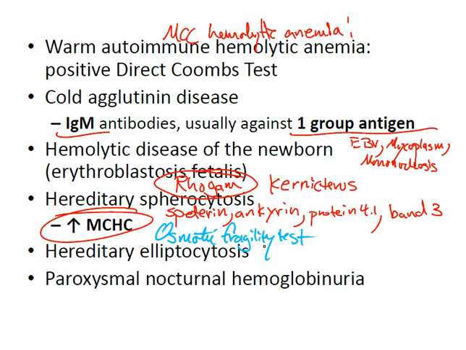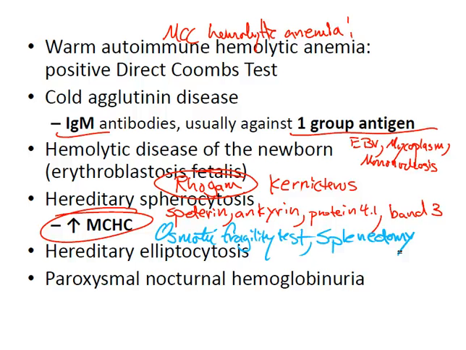Because of membrane defects, spherocyte RBCs will lyse more easily in a hypotonic saline. Now, the treatment for this is a splenectomy. It will cure the hemolytic anemia, but not the underlying RBC defect.